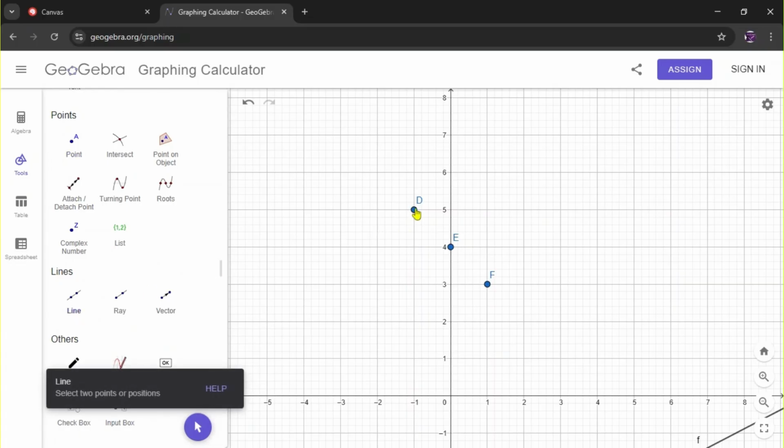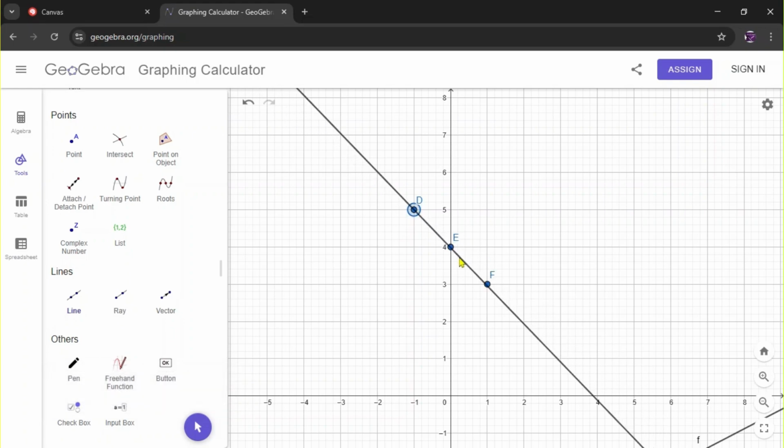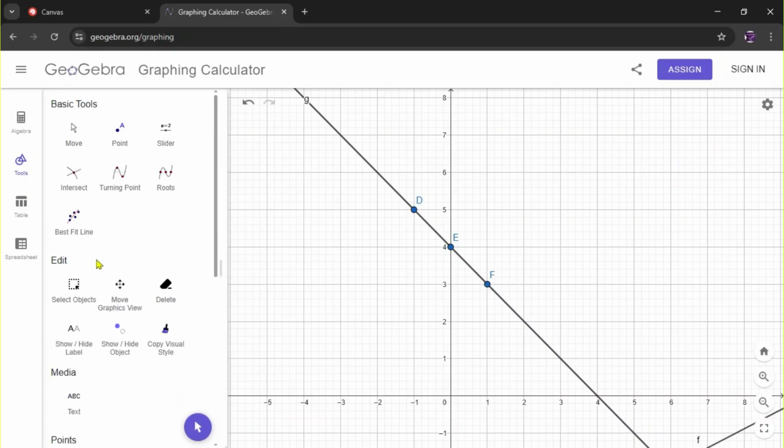So I'll have a straight line that is passing through the 3 points. Sorry, this point is not supposed to be there. The other point is supposed to pass through that. Correct.